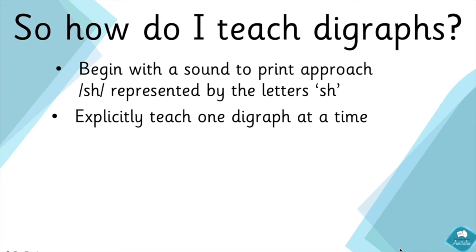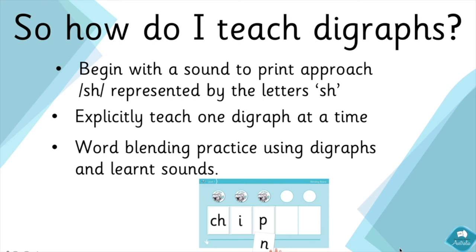So once we have explicitly taught that sound to print, we need to teach each digraph one at a time and give them loads of practice so they can really understand and become automated in what a digraph is. I like to do this at word level, blending practice using digraphs and learnt sounds.